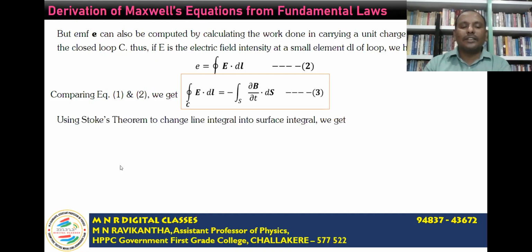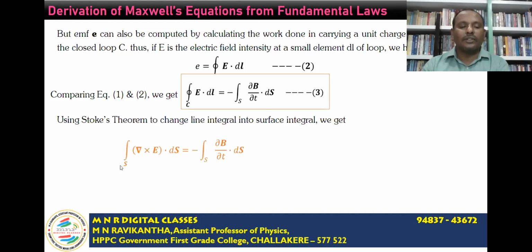Now, LHS is a line integral, RHS is a surface integral. So we know the conversion theorem, which converts the line integral into a surface integral, is Stokes theorem. So let us apply Stokes theorem to equation 3 to convert this line integral on the LHS to a surface integral.